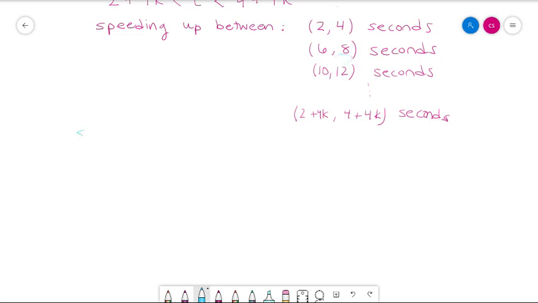So we would be slowing down then, however you want to think of it, either starting from scratch and calculating it, or by looking at your acceleration intervals and realizing that if you're not speeding up in our sine curve, you're slowing down.